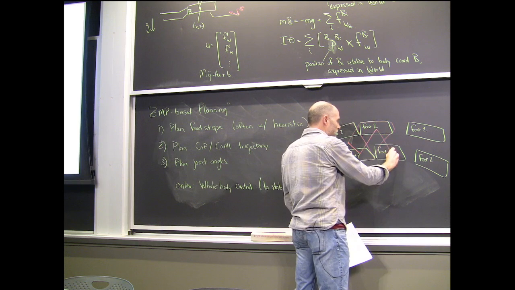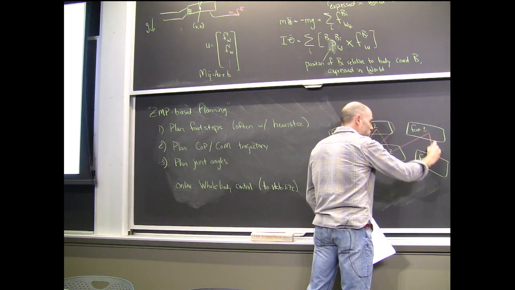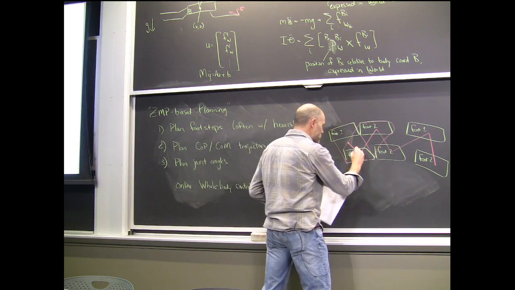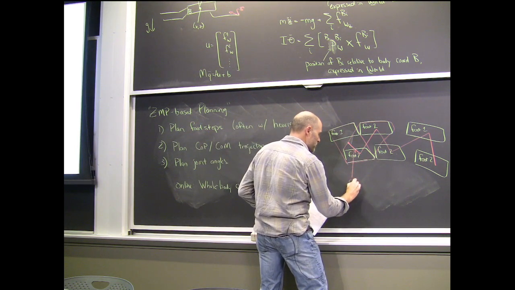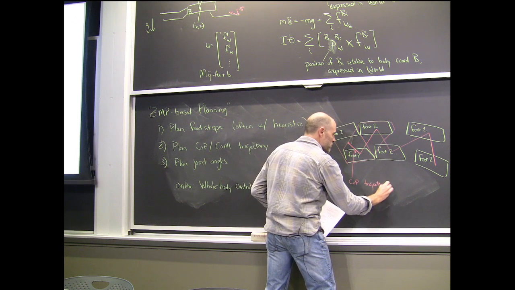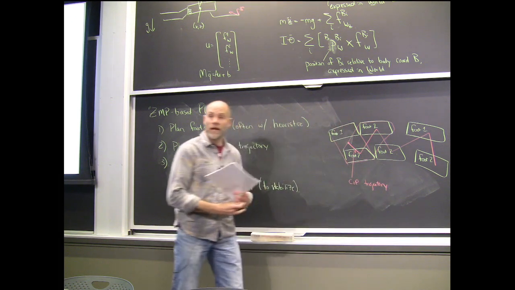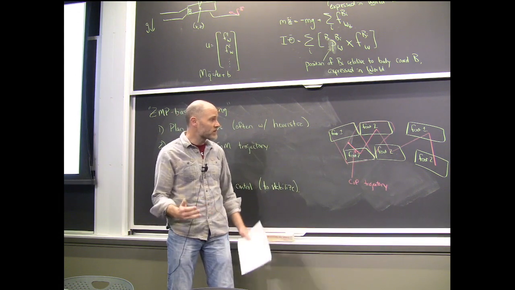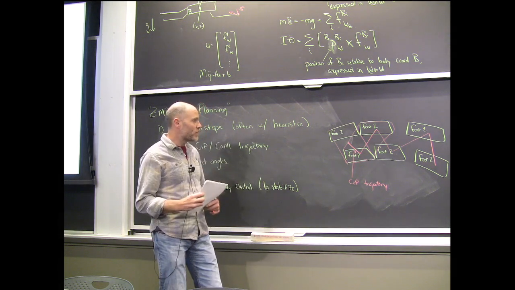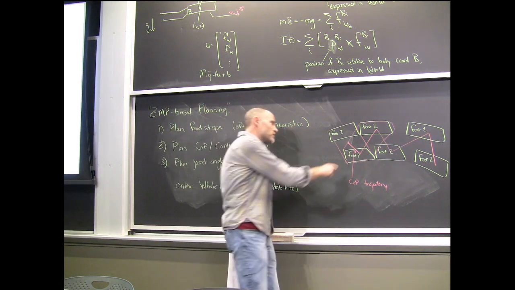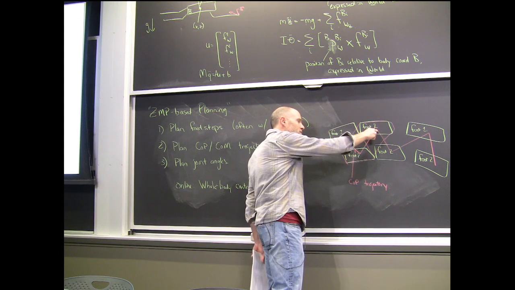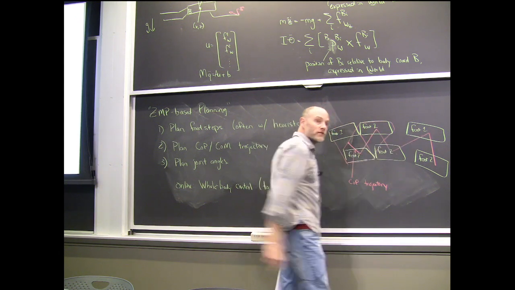And I'm just going to schedule the center of pressure trajectories. That turns out to be a pretty robust thing to schedule. And the timing of this matters, actually. So at time 1 I'm going to be here, at time 3 I'm going to be here, at time 5 I'm going to be here, something like that.